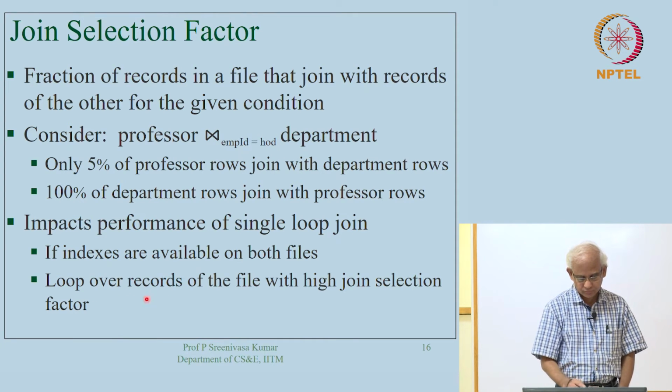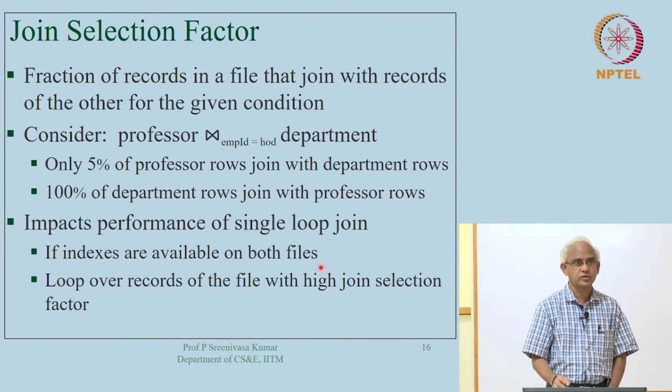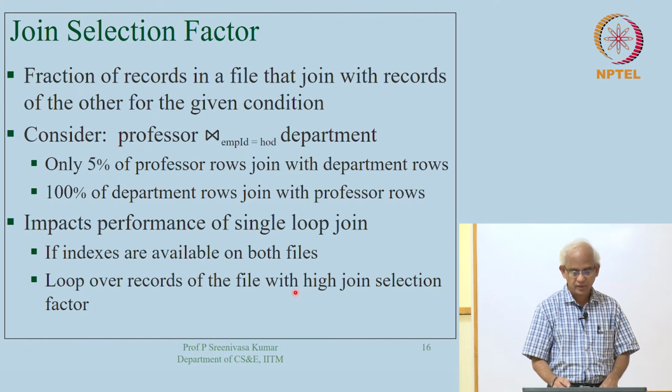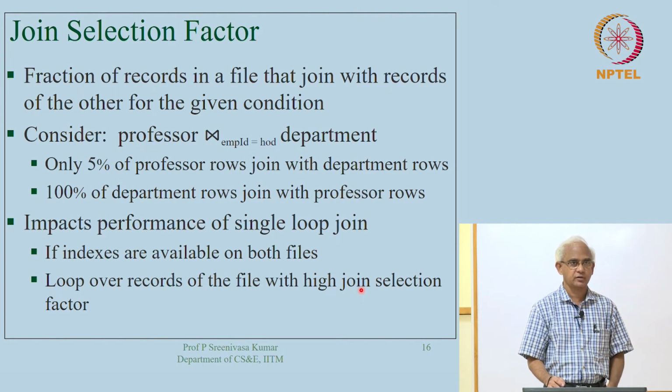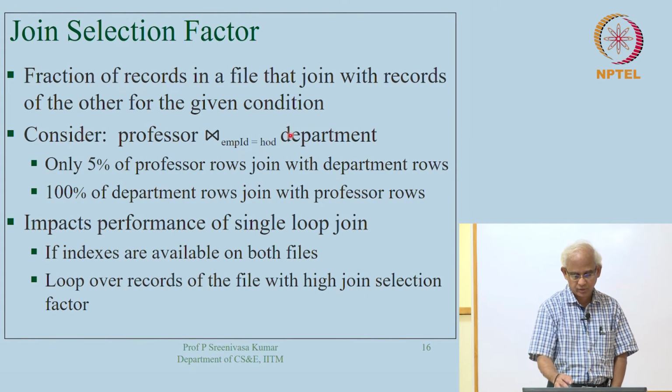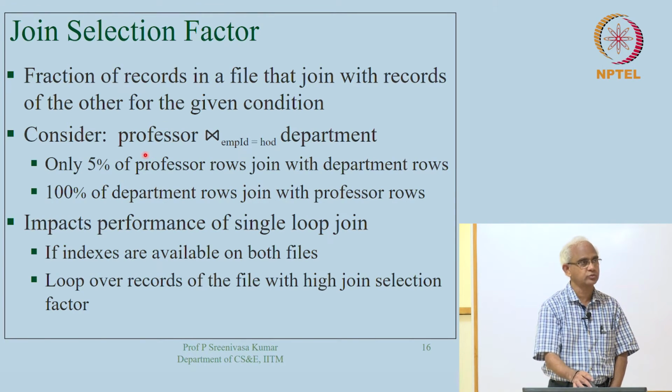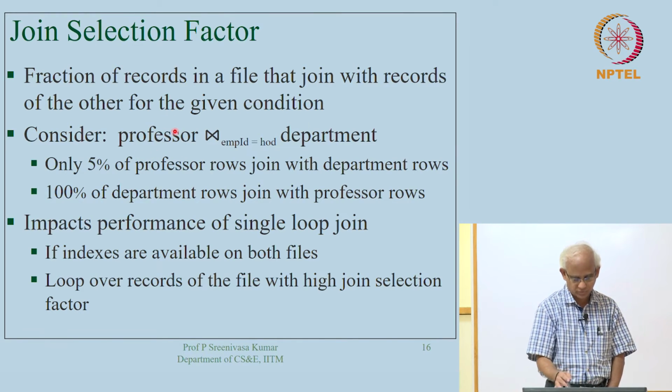Then it is an obvious choice that we should loop over the records of the file that has a high join selection factor. The department file has high join selection factor, because 100% of its records will join with the other file, whereas the professor file has low join selection factor, because only 5% of its records will join.